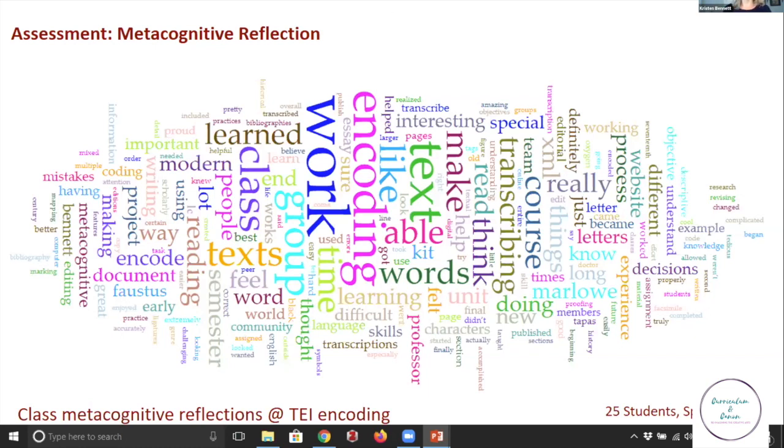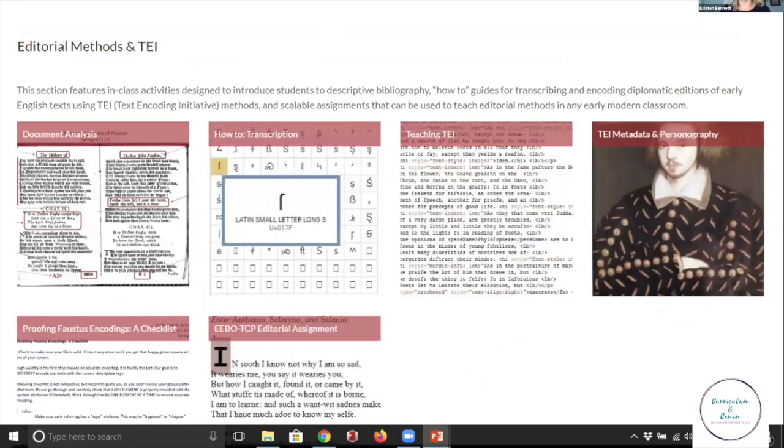If you're curious, the Sites About section also features more excerpts from these reflections. In these, you can see on the top left, proud looks kind of small, but emerged over 40 times in this small subset of 25 reflections. It was pretty great. Disclaimer, tedious also emerged, but I'm happy to talk about that later.